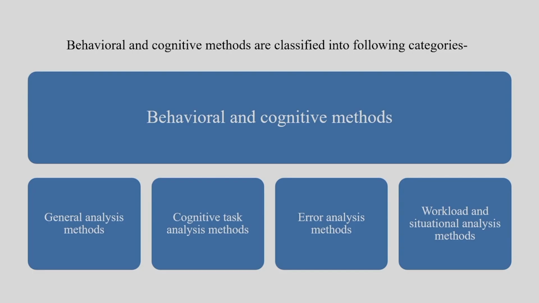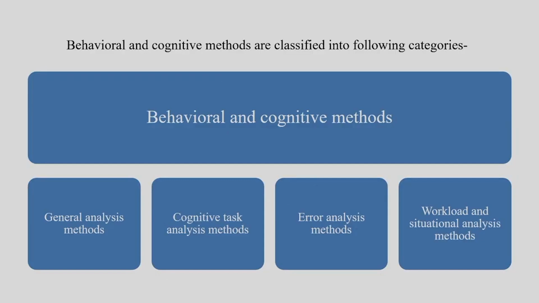However, whenever we start any kind of intervention, it starts with the general analysis method because it gives you direction. If you have a prior study or some kind of pilot study from which you have a lead, you can start directly from the cognitive task analysis.